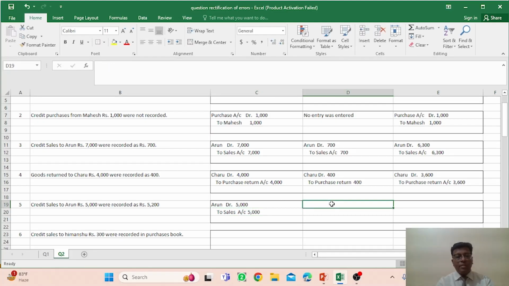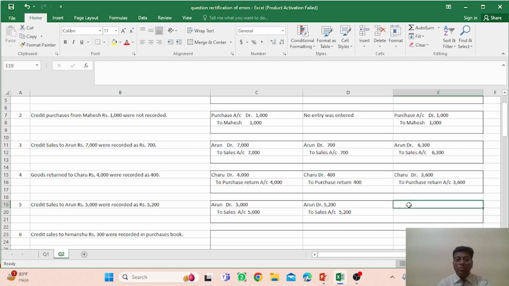The wrong entry recorded the transaction as rupees 5,200: Arun debit rupees 5,200 to sales account 5,200. It means the Arun account was increased by 200, and the sales account was also increased by 200. Now you have to rectify this entry. 5,000 should have been written, and the accountant entered 5,200, so 200 was the excess amount entered in the Arun as well as the sales account.